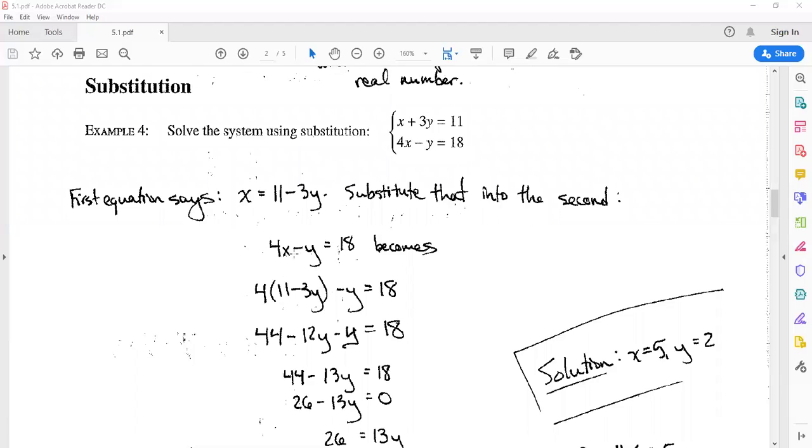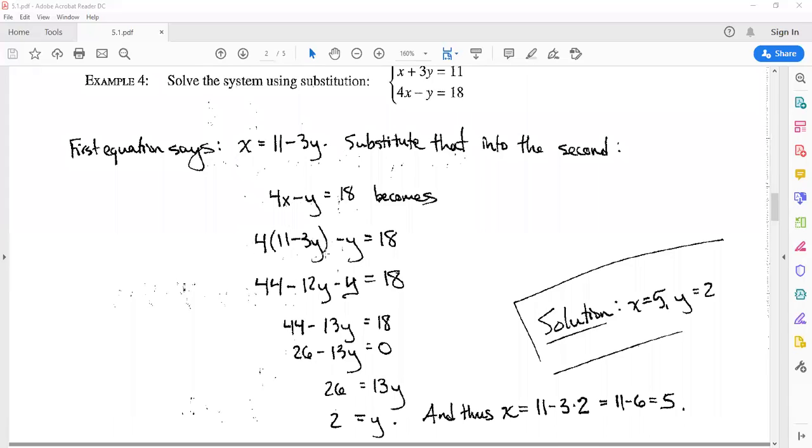I'll plug it into the second equation. That is 4x minus y equals 18. Well, now I'll plug in for x, 11 minus 3y. So that gives me 4 times the quantity 11 minus 3y, then minus y equals 18. I'll multiply the 4 through, and I get 44 minus 12y minus y equals 18.